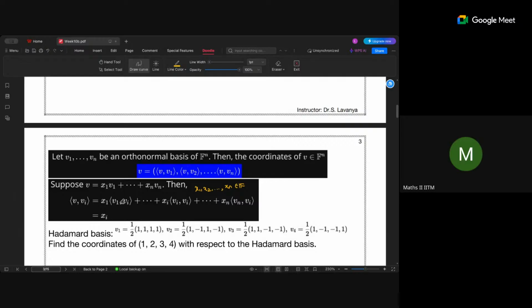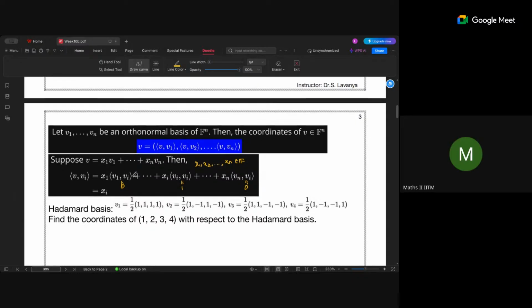Because it is an orthonormal set, all the inner products become 0 except one term, which is 1. So you are left with xi. So what is the coefficient xi? It is simply the inner product of v comma vi. Now do you understand the advantage of having an orthonormal basis?